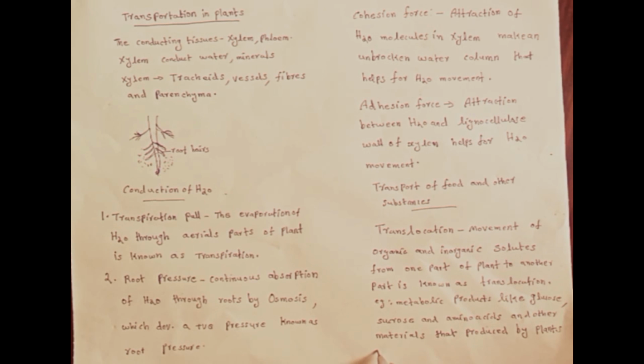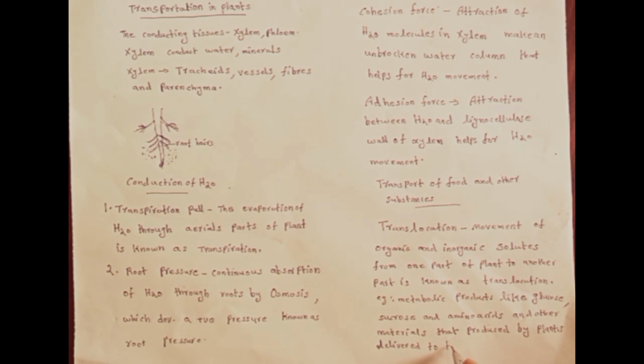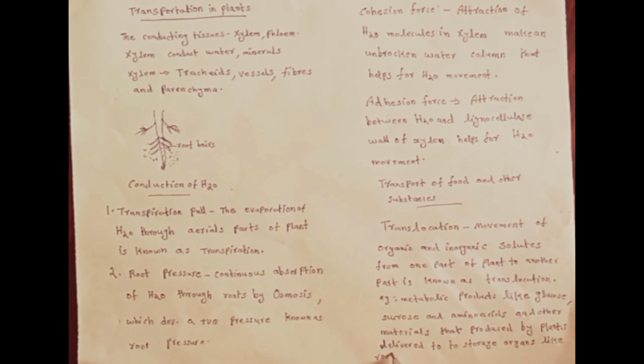They are delivered to storage organs like roots, that is storage roots like tapioca, sweet potato, etc., which are examples of roots that store food material.